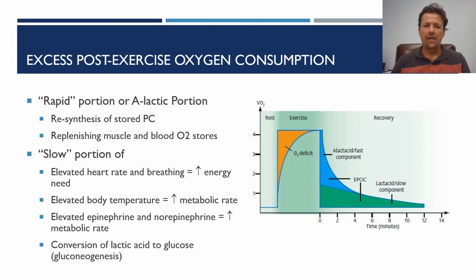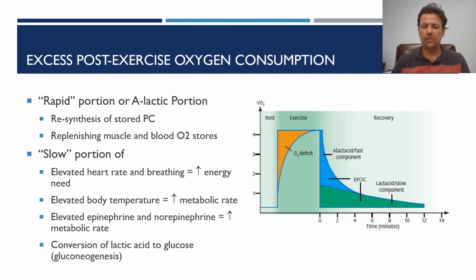Now, the EPOC has two portions. The first portion occurs pretty quickly, within the first few minutes after exercise. And that's called the alactic or the fast component. During that time, we're synthesizing PC and we're replenishing the muscle and blood stores of oxygen. Like I said, that happens within 2 to 3 minutes.